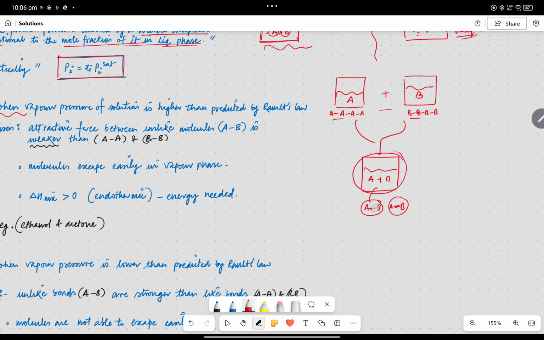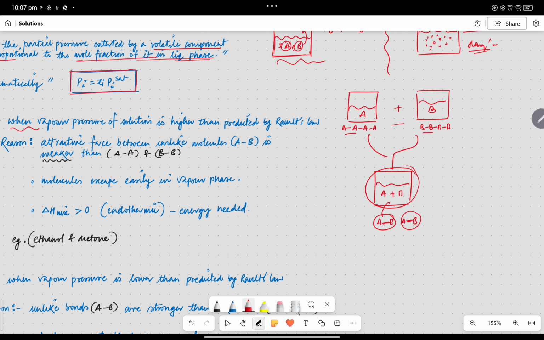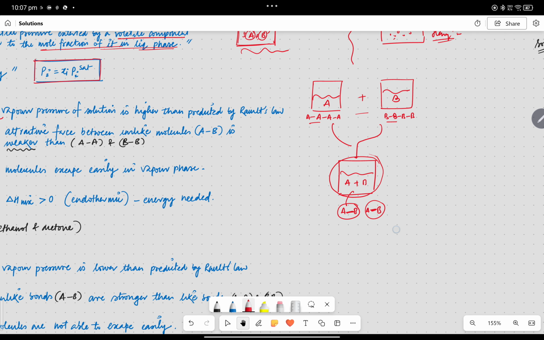If this bond is very attractive, then the ability of A and B to vaporize into the atmosphere of this jar, the probability, is going to be less than usual. Suppose the partial pressure of A here is 1 bar and the partial pressure of B is 1 bar, so by calculation it must be 2 bar.